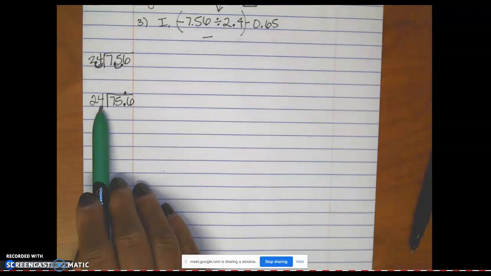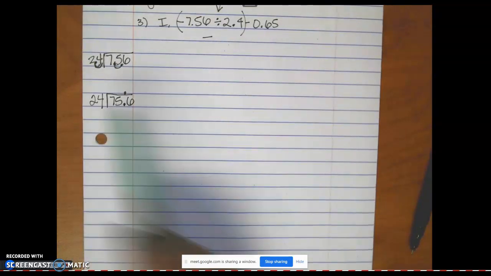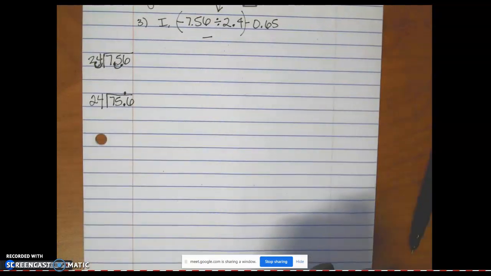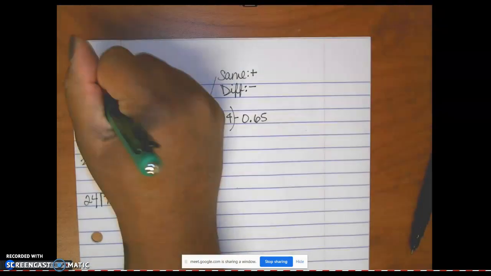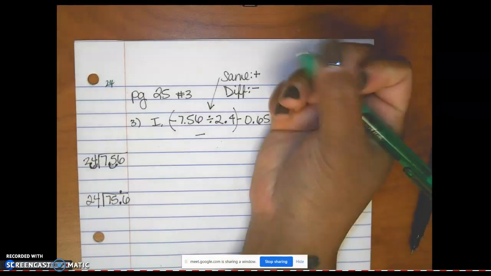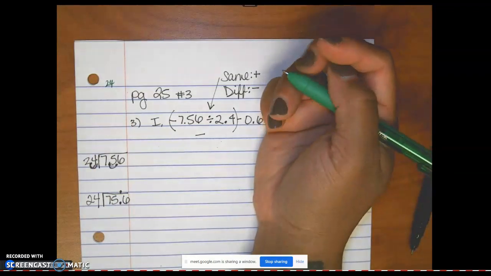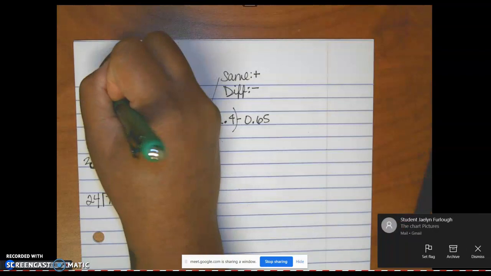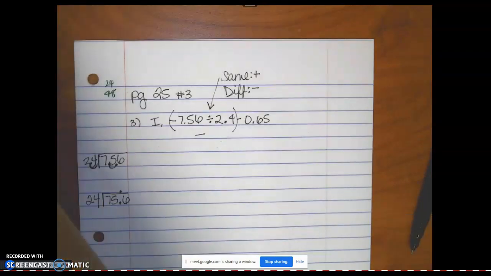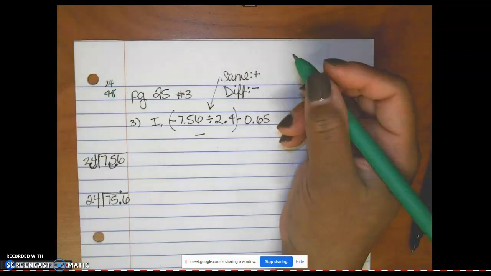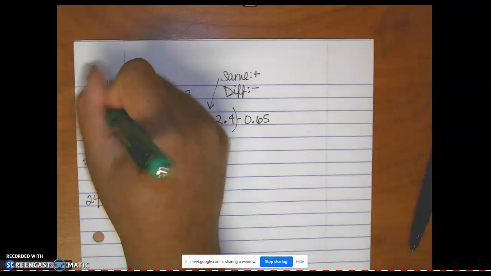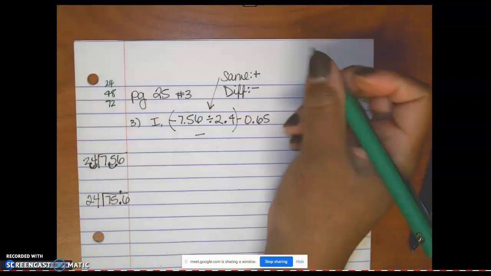All right, so 24 goes into 75 how many times? Oh, let's write my multiples of 24. 24, what's 24 times 2? 48, and 24 times 3. Times 4?